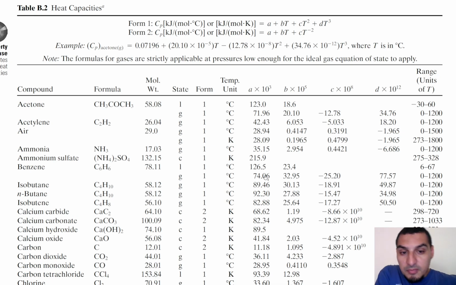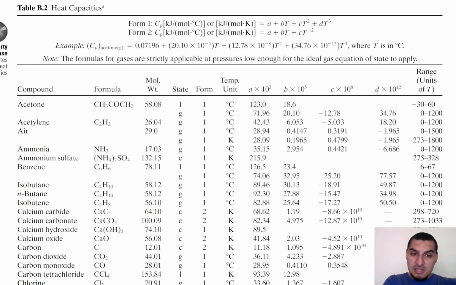It doesn't mean that you will multiply them by 10 power 3. It means that the number that you have here is the number after multiplying by 10 power 3. So if you want to get the original number, you have to reverse the calculation. You have to multiply this number by 10 power minus 3, this by 10 power minus 5, this by 10 power minus 8, and this by 10 power minus 12.